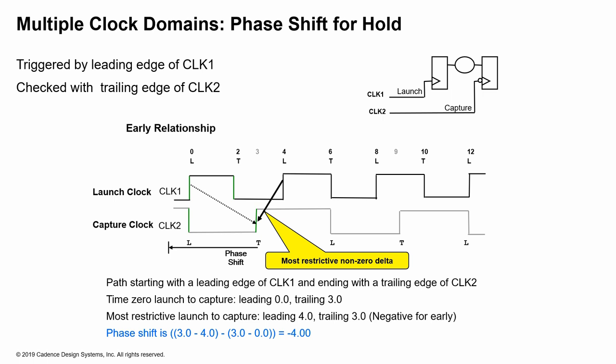So you have capture minus launch, 3 minus 4, which is the capture edge minus launch edge, and minus 3 is where the capture is happening for a launch edge of 0, so minus 3 minus 0 for the first clock cycle. Your phase shift is therefore minus 4, and that value is what is plugged into your timing reports for hold.